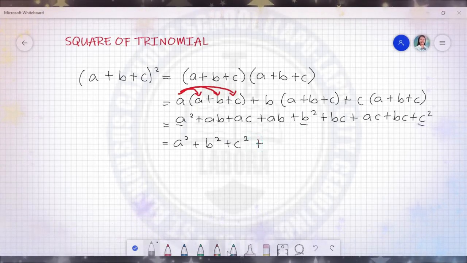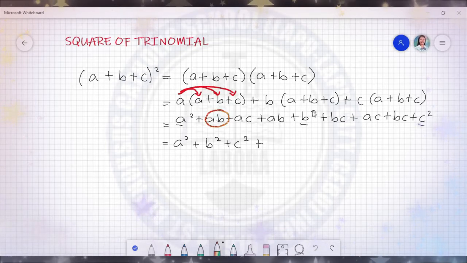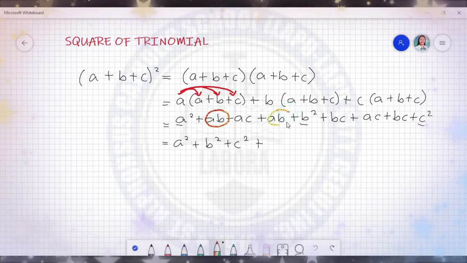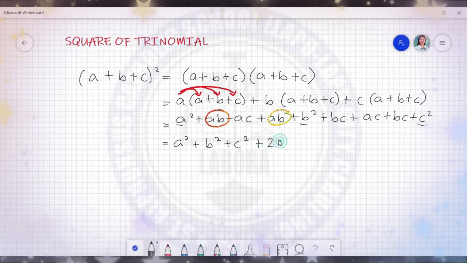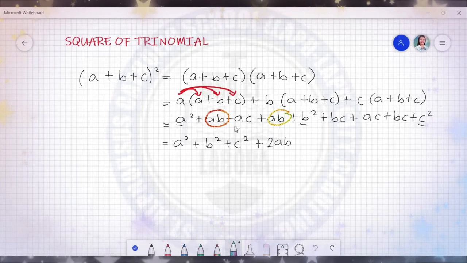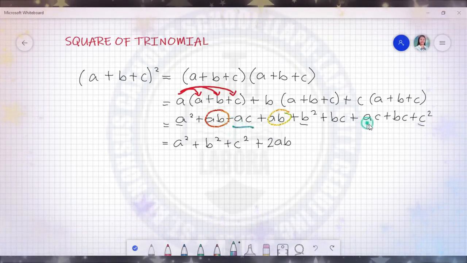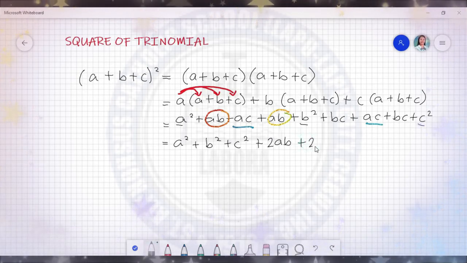Then combine like terms. We're going to combine ab and ab here. There are two ab, so it will become 2ab. Another one, we're going to combine ac and another ac here, so it will become 2ac.